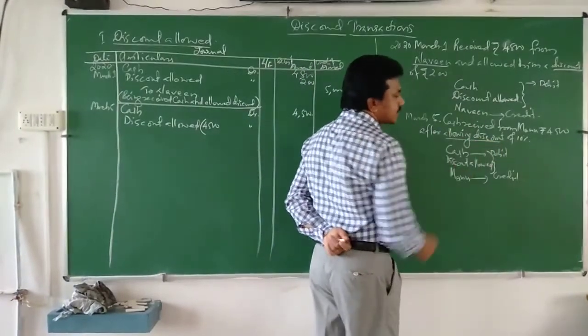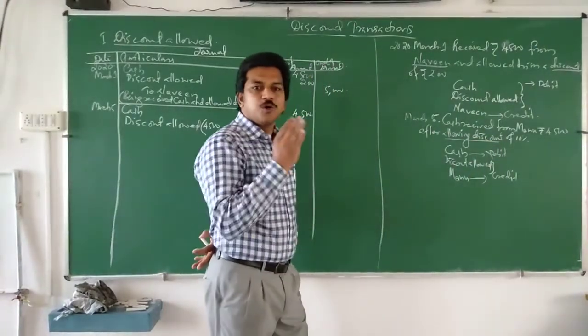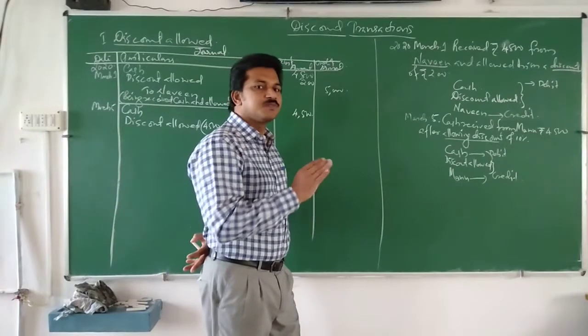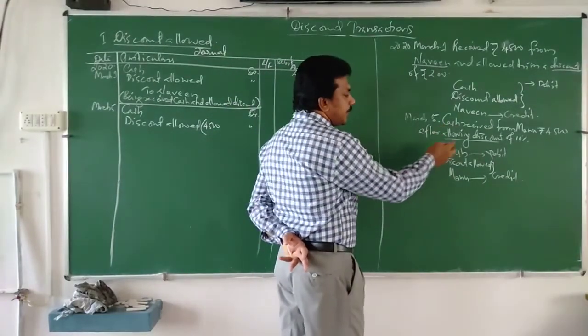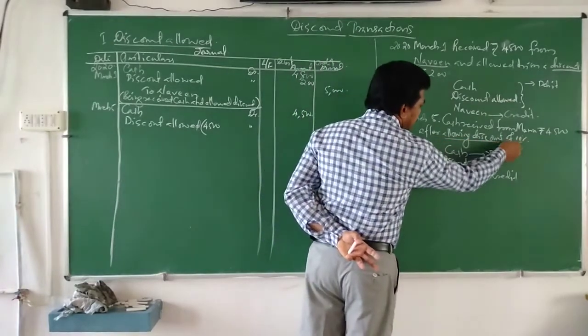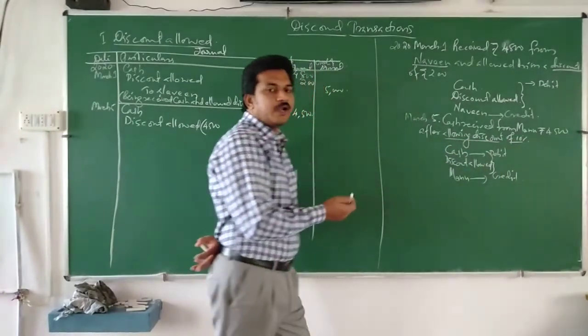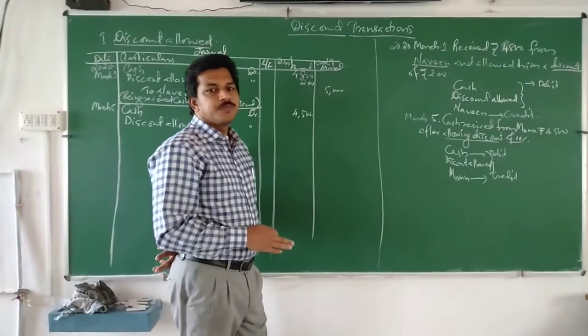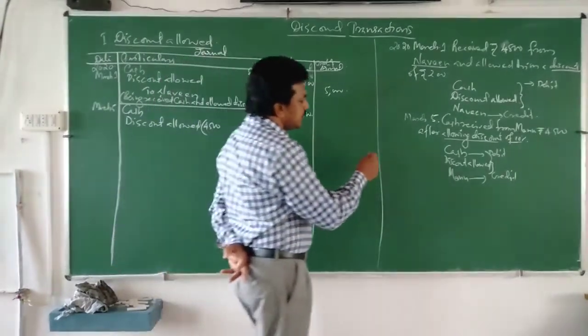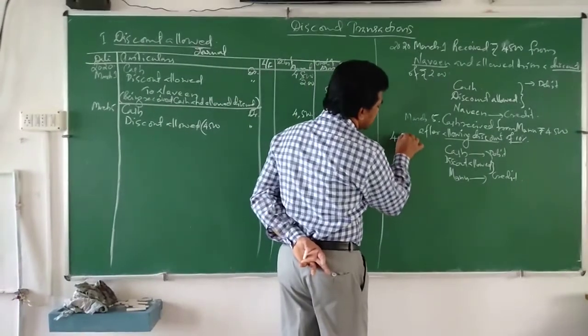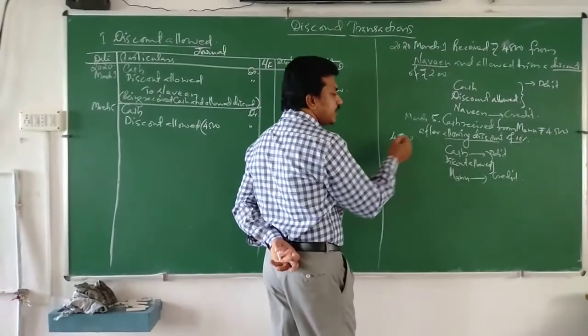This discount is 10%, that means 10 out of 100. Percent is per 100. So out of 100, discount is 10. So how much is the cash? 4,500 we received now, that is after allowing 10%.